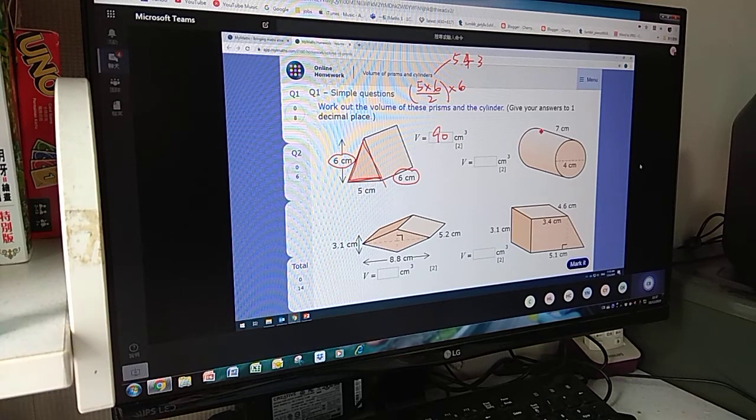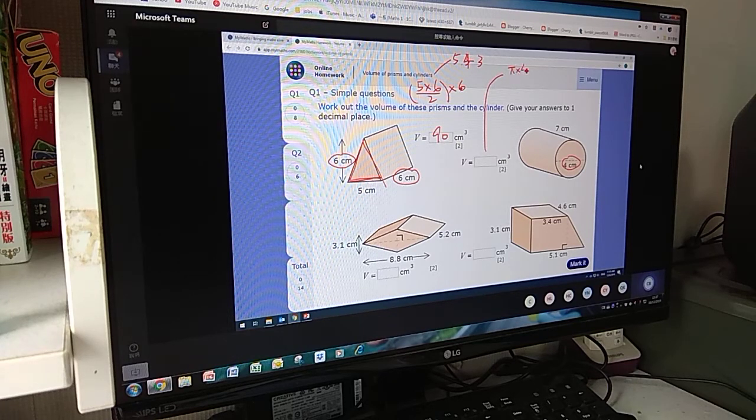So for the top right hand side, this one should be the cylinder. Actually, the calculation method should be the same. First, you have to calculate the area of the circle. So remember the area of the circle is pi r square, r is the radius, or pi d square over 4, d is the diameter. Now, the question is giving you the diameter for the circle. So we use pi d square over 4.